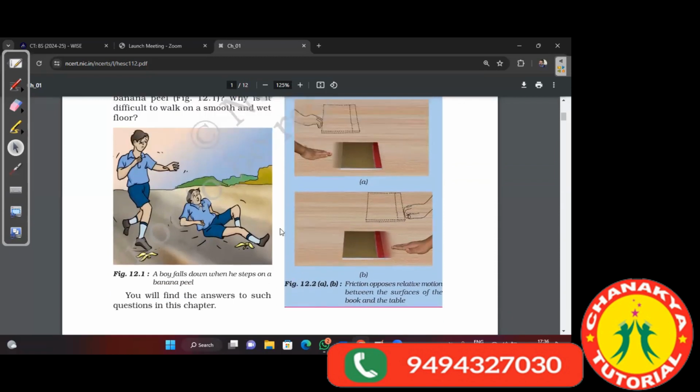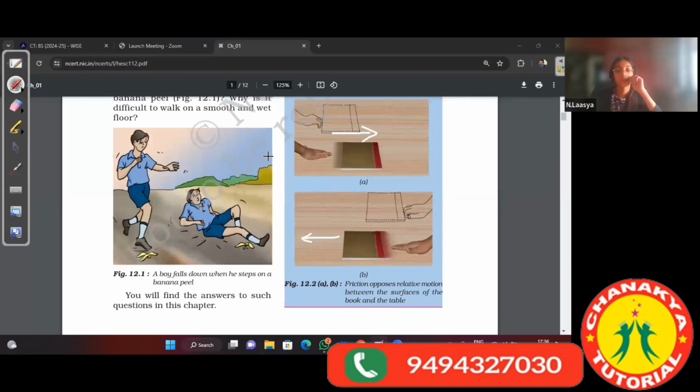Now you can see we have done the same activity in two ways. First we pushed the book towards the right, and here we push the book towards the left. Now see what point is to be observed. When we pushed it towards the right, in which direction did the friction act?